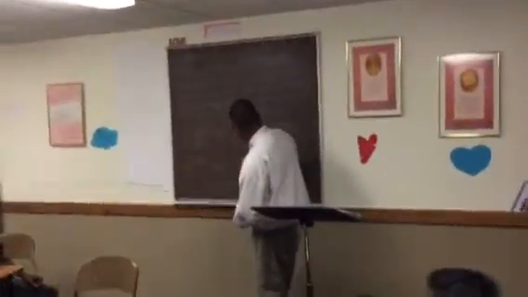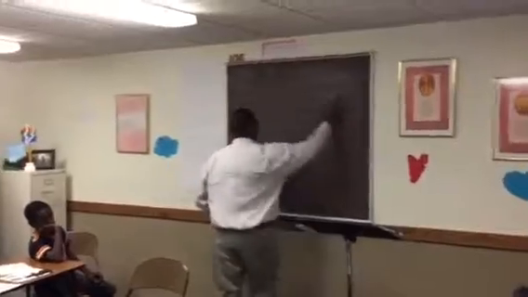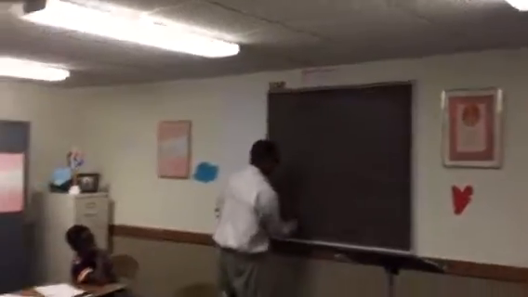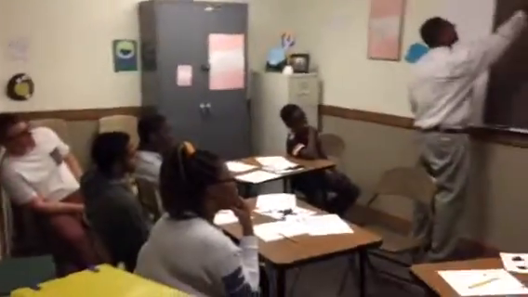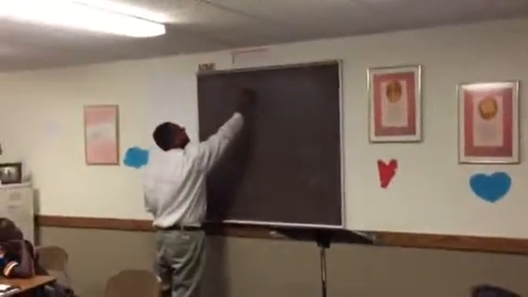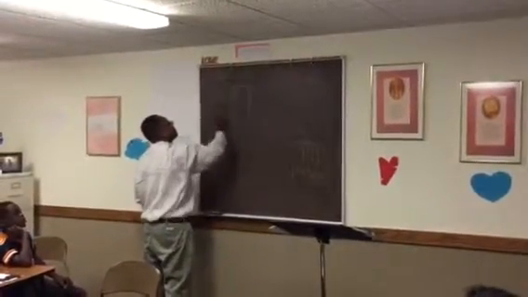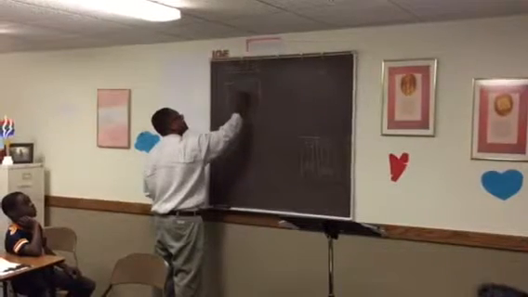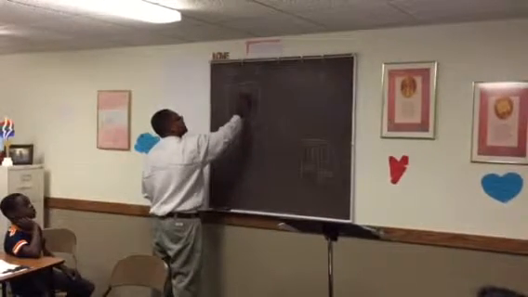Let's see this. Can I erase this? This is our line down the middle of our page. And if we draw a person in the center, don't laugh at my drawing.